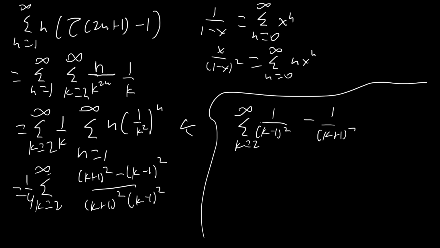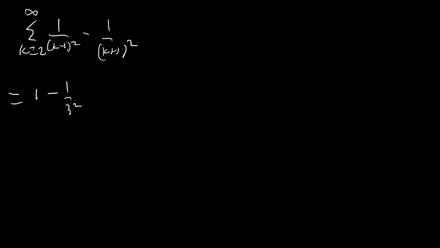And this is actually just a telescoping series. So if we evaluate this telescoping series, it's going to be pretty simple. We can write out the first few terms. We're going to end up with 1 minus 1 over 3 squared plus 1 over 2 squared minus 1 over 4 squared. Oh wait, this is all times 1/4 also.